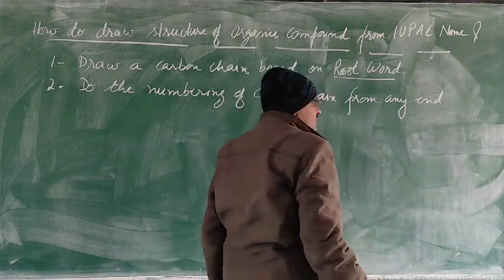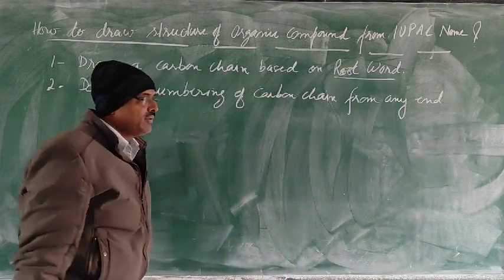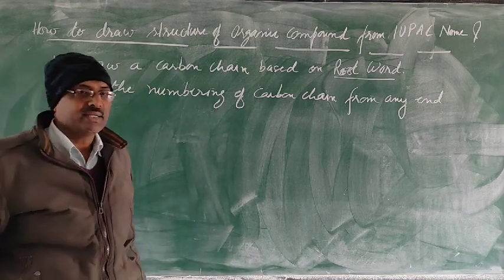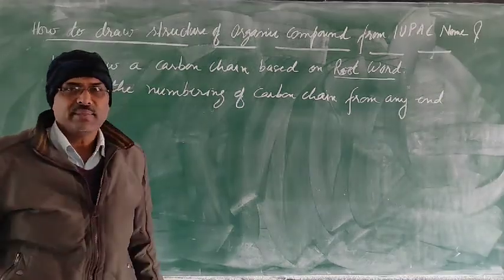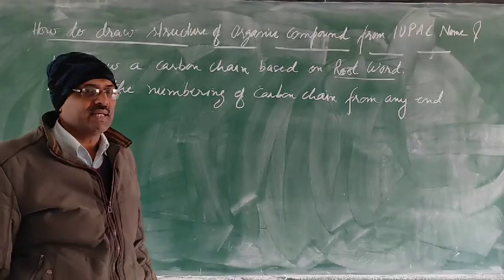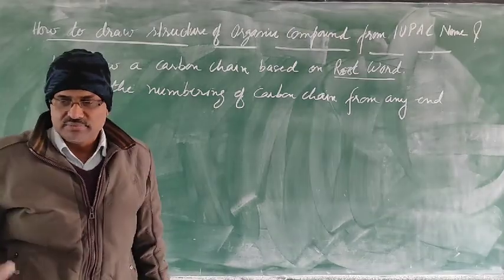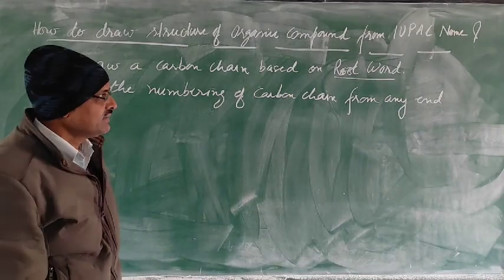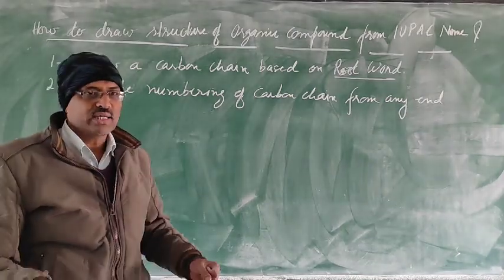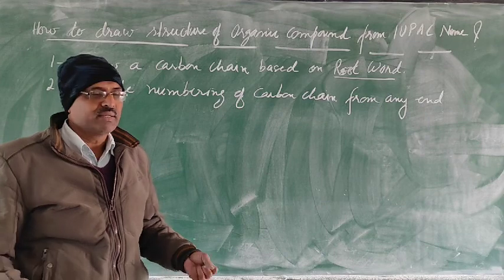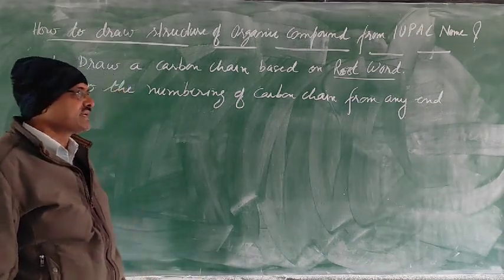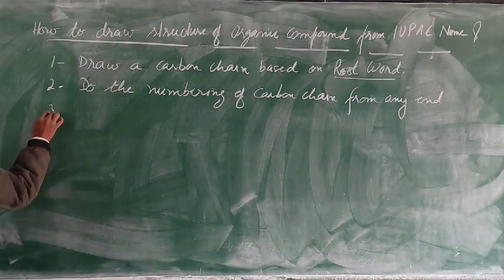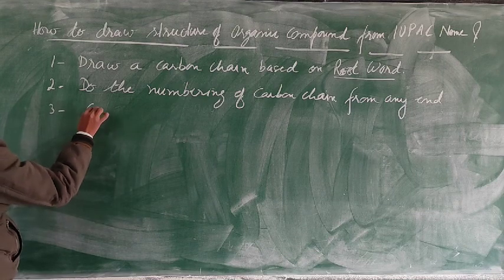If you remember, when I taught writing the IUPAC name, at that time I told you to start the numbering from that end which is near to the functional group, double bond, triple bond or substituent. But here no problem. Just to draw a carbon chain, you can do the numbering from any side, no restriction is there.